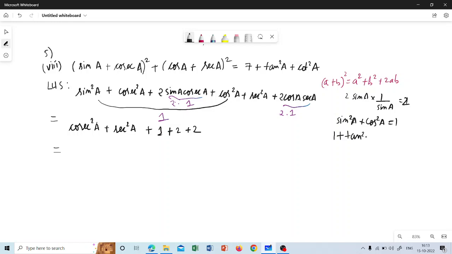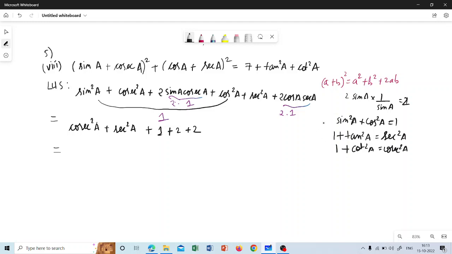This question is tricky because you need to know all three identities to solve it. And I can use one more identity, 1 plus cot square a is equal to cosecant square a.